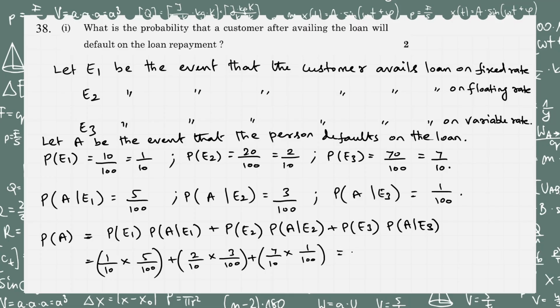So the final answer for this will be 5 by 1000 plus 6 by 1000 plus 7 by 1000, and we can take 1000 as LCM and add the numerators. 11 plus 7, 18 divided by 1000. We can simplify this also. That will be 9 divided by 500. So the probability that the customer after availing the loan defaults on the loan will be 9 by 500.